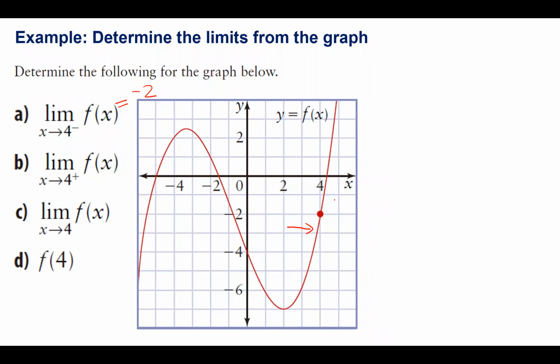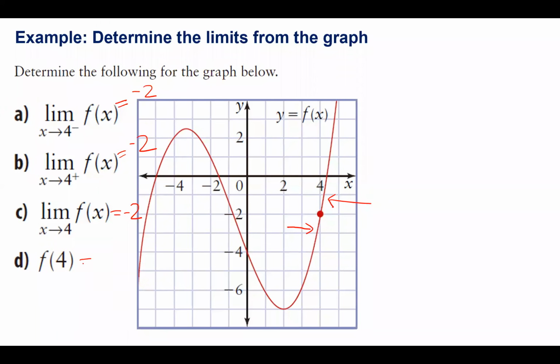And then if x approaches 4 from the right side, this function will also approach -2. Therefore, we say the limit of f(x) when x approaches 4 from the right side equals -2, right? Because both the left limit and right limit equal -2, we can say when x approaches 4, the limit of f(x) is -2.